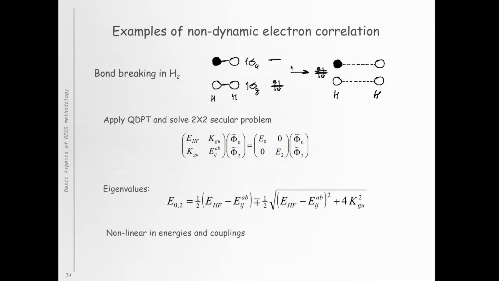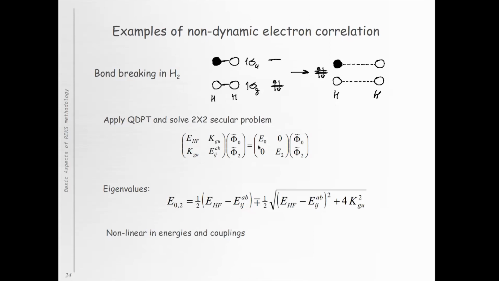That is defined by the Slater rules, this matrix element between the two electronic configurations. It will be the exchange integral. Building this 2x2 matrix and diagonalizing it, we obtain two new energies. One will be the lowest energy, the first eigenvalue. The other I label E2 because it corresponds to double excitation, not single, but double excitation from these.